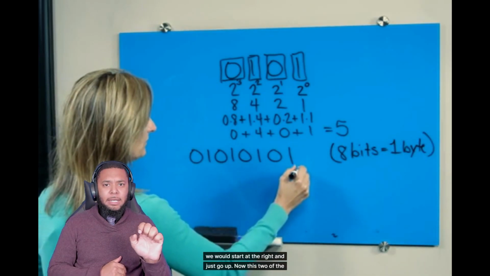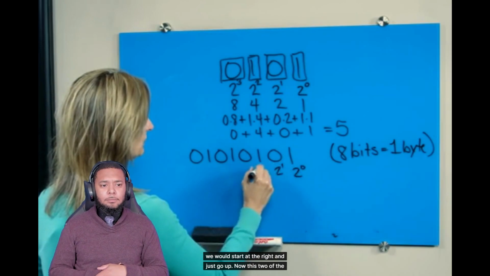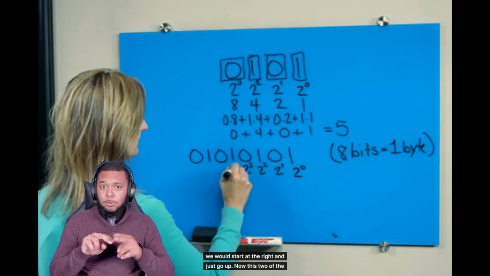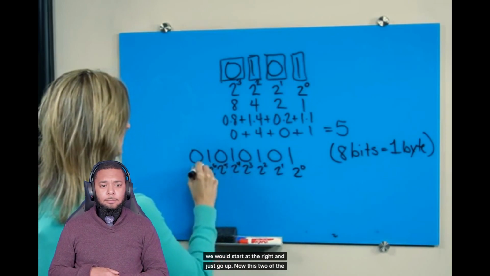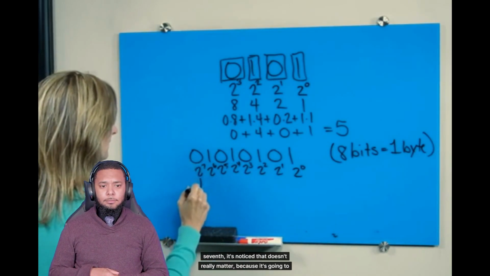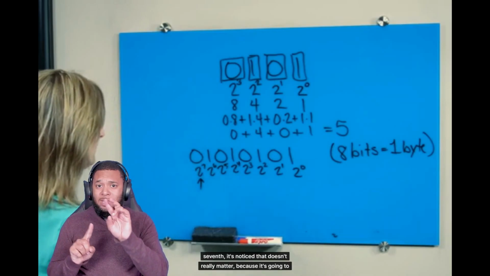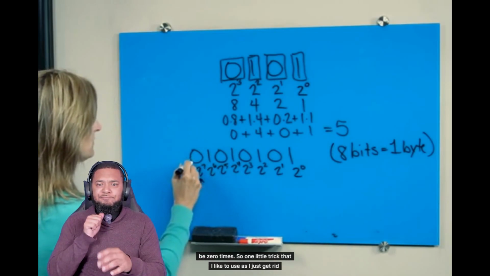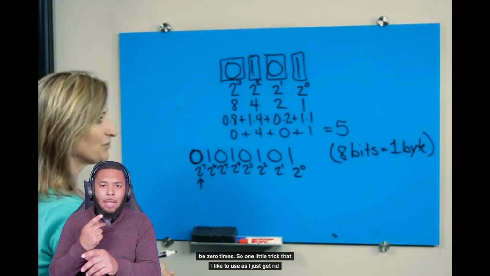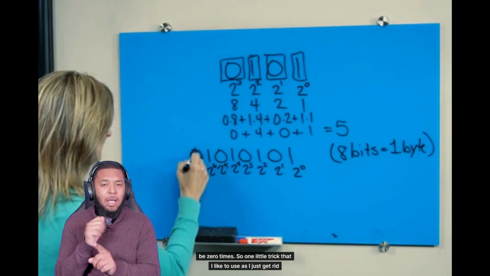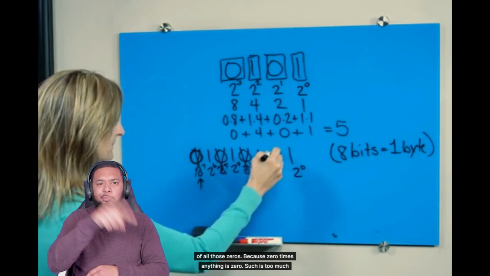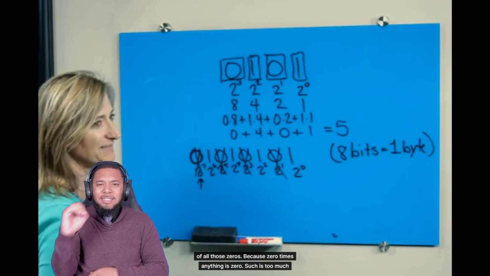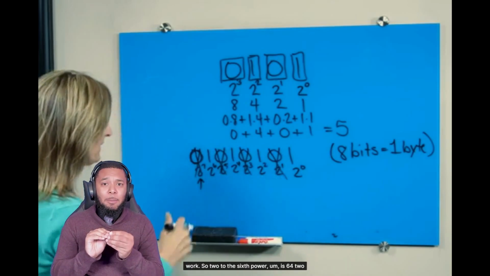Again, we would start at the right and just go up. Now this 2 to the 7th, notice that doesn't really matter because it's going to be 0 times it. So one little trick that I like to use is I just get rid of all those zeros, because 0 times anything is 0. So that's just too much work.